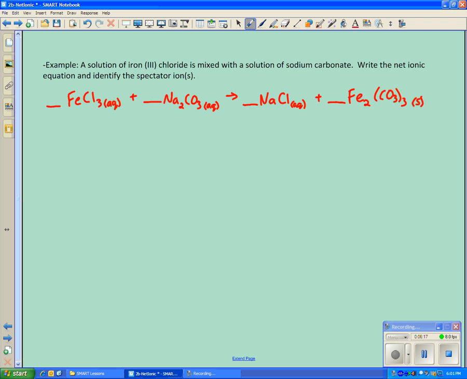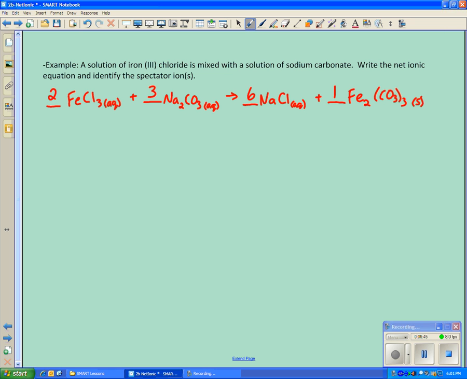So now if we rewrite this, first we've got to balance. We're going to need 2 iron chloride, 6 for the chlorine, 6 sodium, and so we want a 3 in front of the Na2CO3, and a 1 in front of the Fe2(CO3)3.